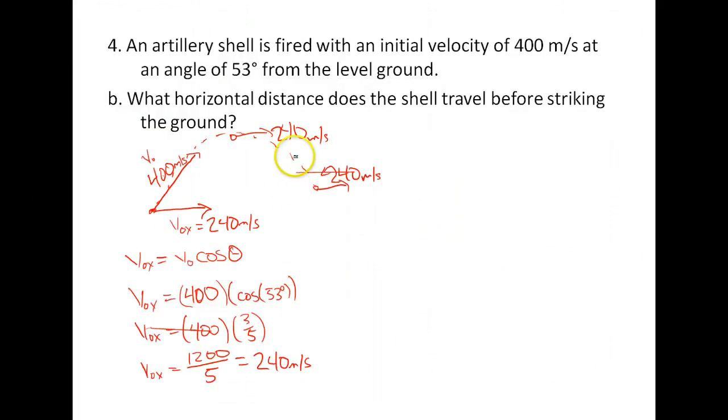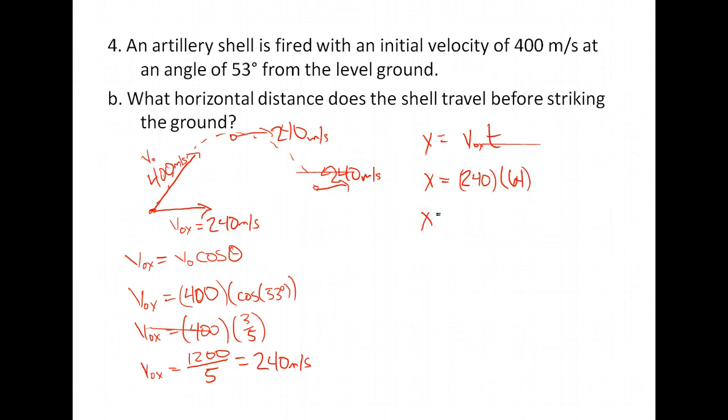So for distance, it would be the velocity multiplied by time. So our velocity is 240 meters per second horizontally times 64 seconds.